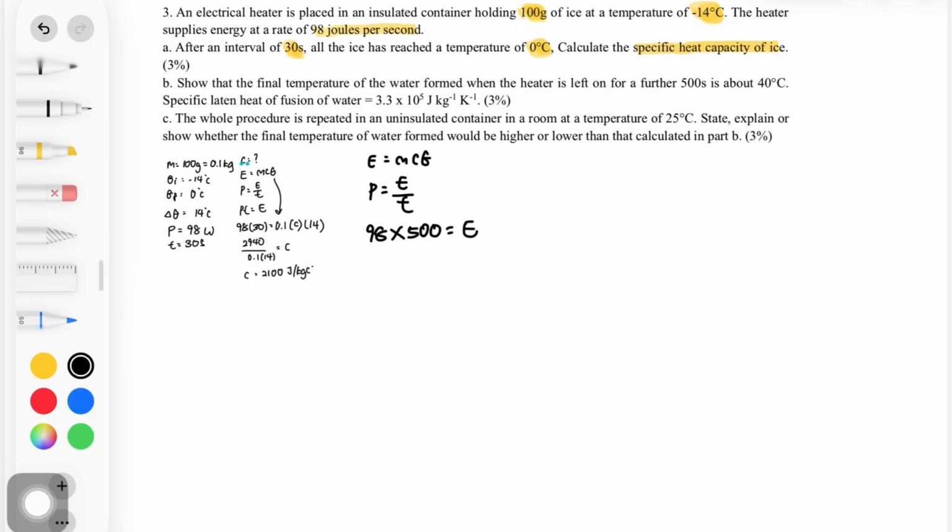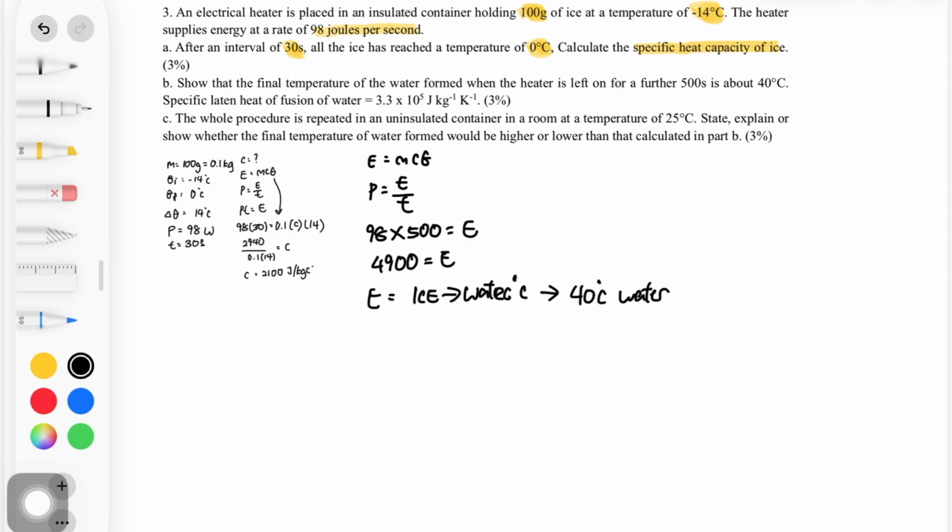So 98 times 500 is equal to 49000, which equals energy. So let us think about what the energy means here, because the energy takes us from 0 degrees Celsius to 40 degrees Celsius, but it is still in ice form. So before going from 0 degrees Celsius to 40 degrees Celsius, we need to state that the total energy spent is from ice becoming water at 0 degrees Celsius, and then from that water to 40 degrees Celsius water.